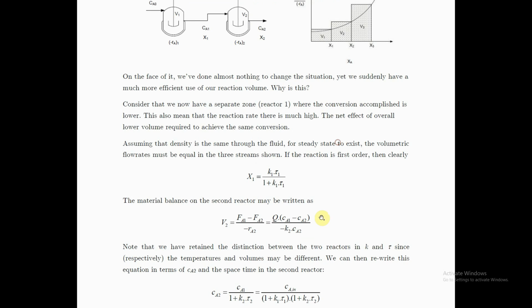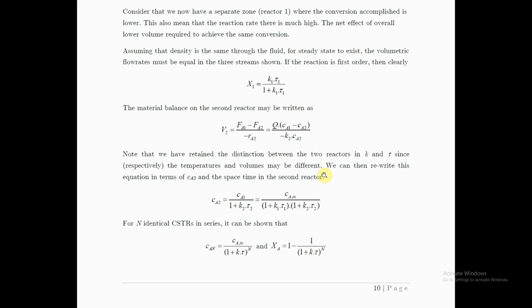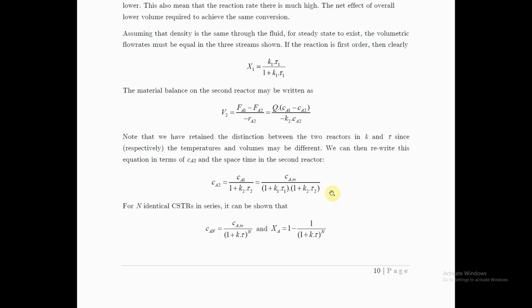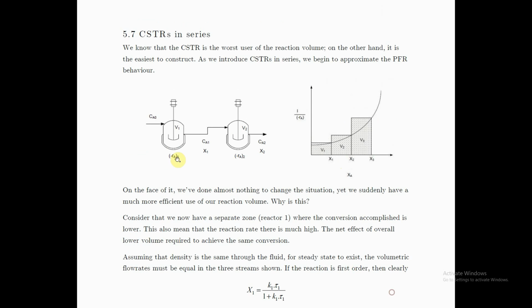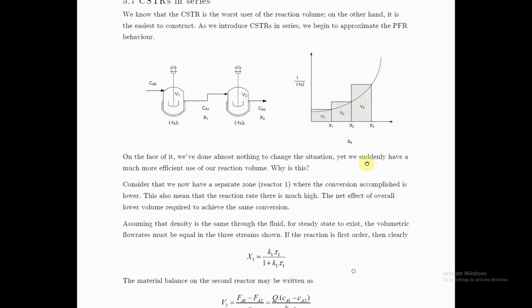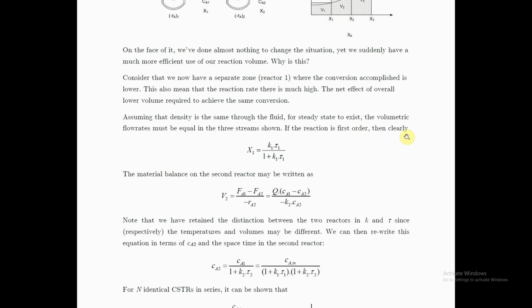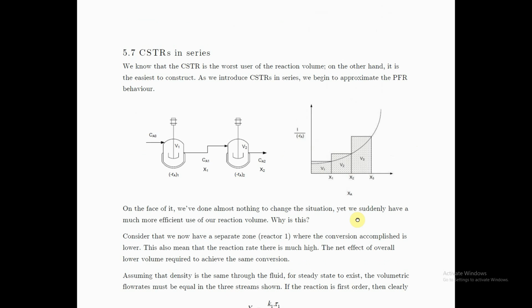So I'm skipping through a couple of steps here. Please do these back of the envelope verifications of the algebra. But basically, you can easily estimate the concentration at any stage in the train of these reactors. And so you can write your balances and estimate your conversions at any stage here. So that's the case of CSTRs in series.